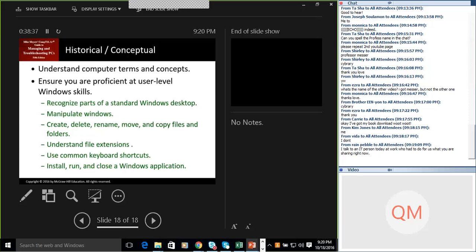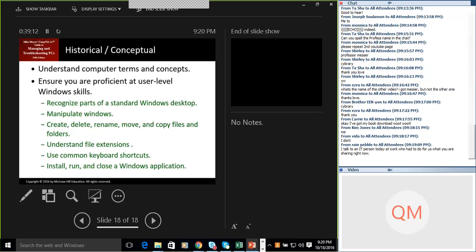And all of that is part of the historical and conceptual stuff that you learn about being proficient at the user level, because you need to be proficient at the user level to understand when these people call you and say ABC is happening, right? If you don't know how to open a file, how are you going to tell them how to open a file? And if they want to move a file from one place to another on a computer, which is something basic, but you don't know, you're not going to be able to walk them through it and explain it to them.